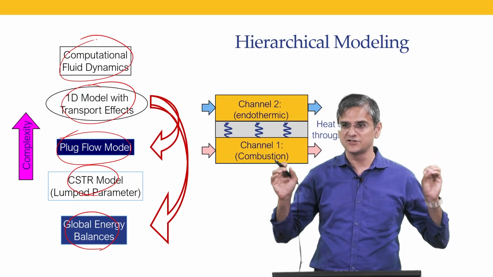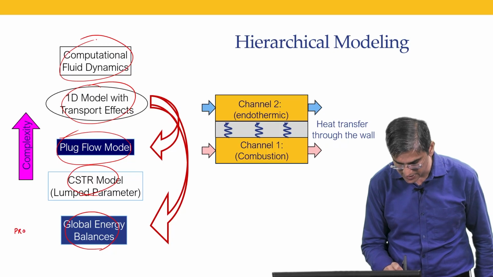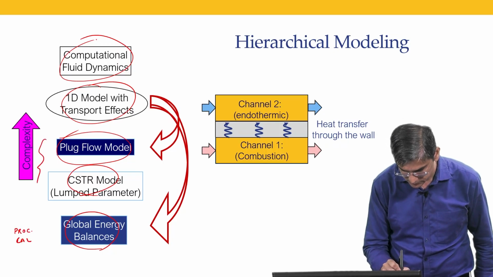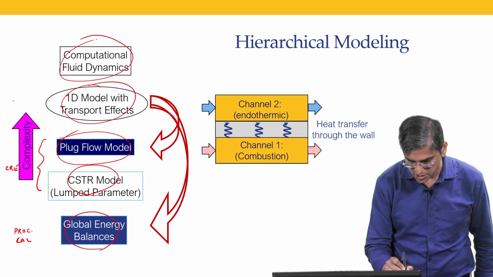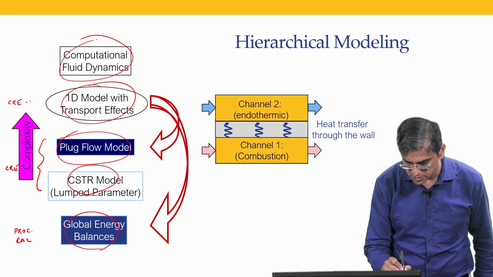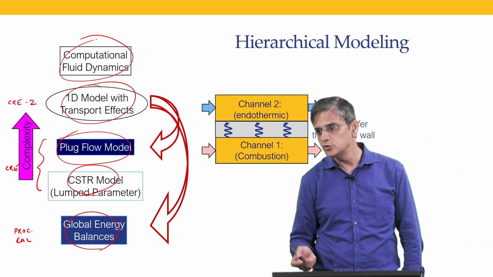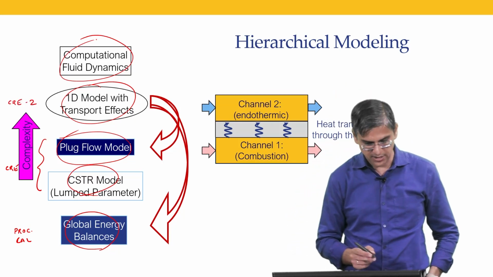The only reason for showing this is something that you did in the process calculations course. This is something that you would have done in the CRE course. If you had CRE2, this is something that you might have done in a CRE2 course, or you would do in a more advanced course, an elective and so on.